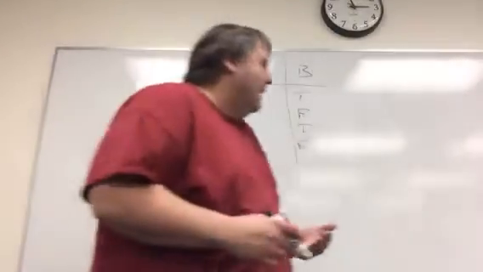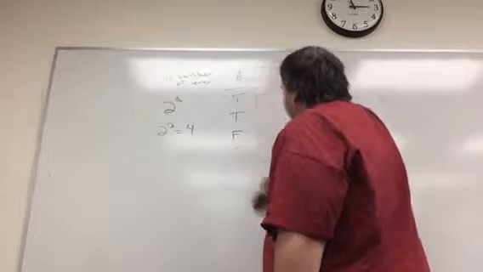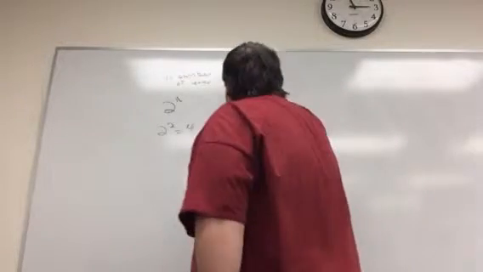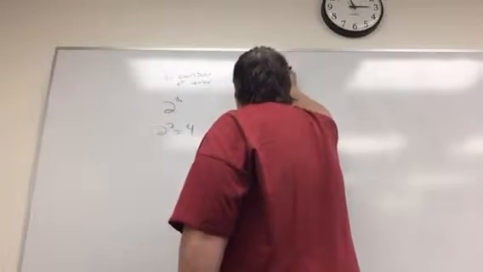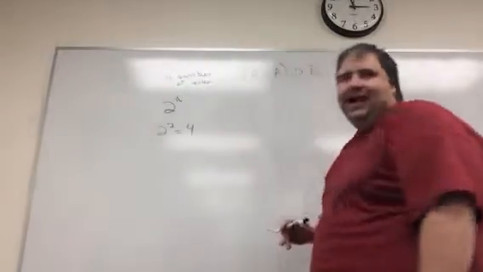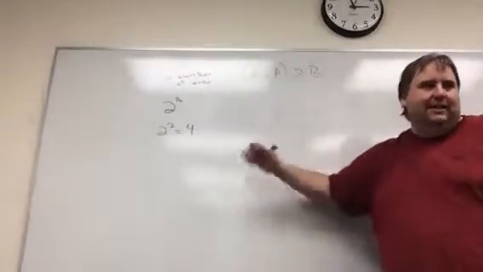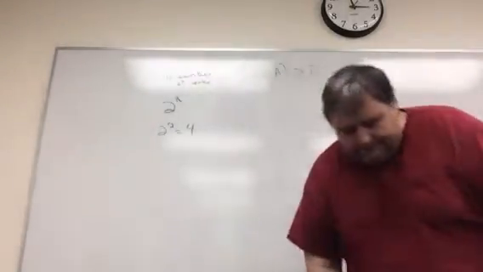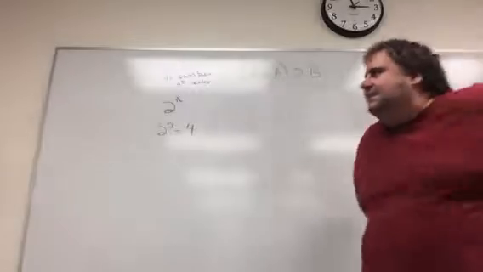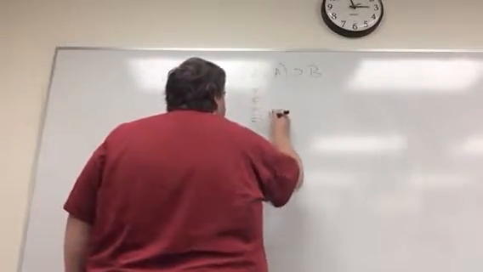The only thing to keep in mind is that sometimes when you are doing these charts, you'll have something like A wedge, A horseshoe, B, which is called a tautology, it's kind of pointless. But if you were to symbolize that, you would make A true, false, true, false.